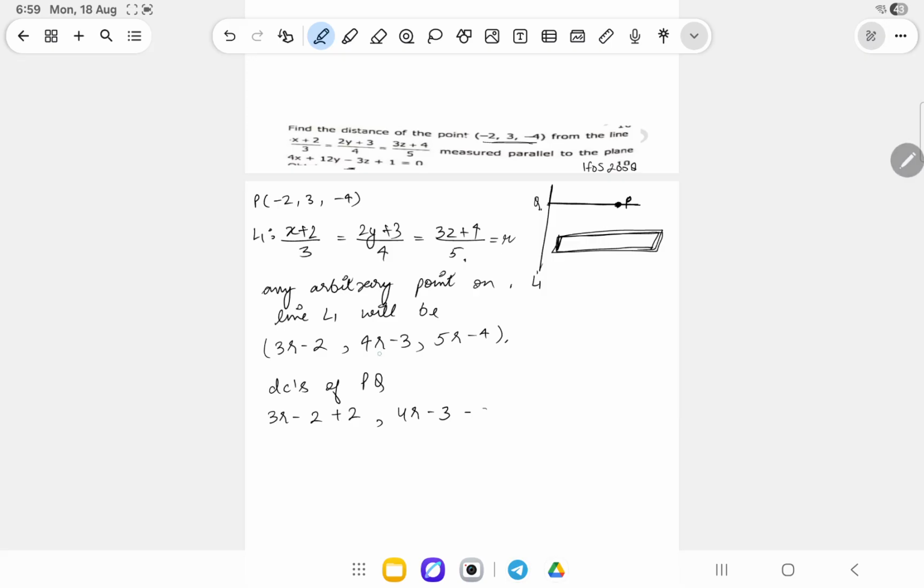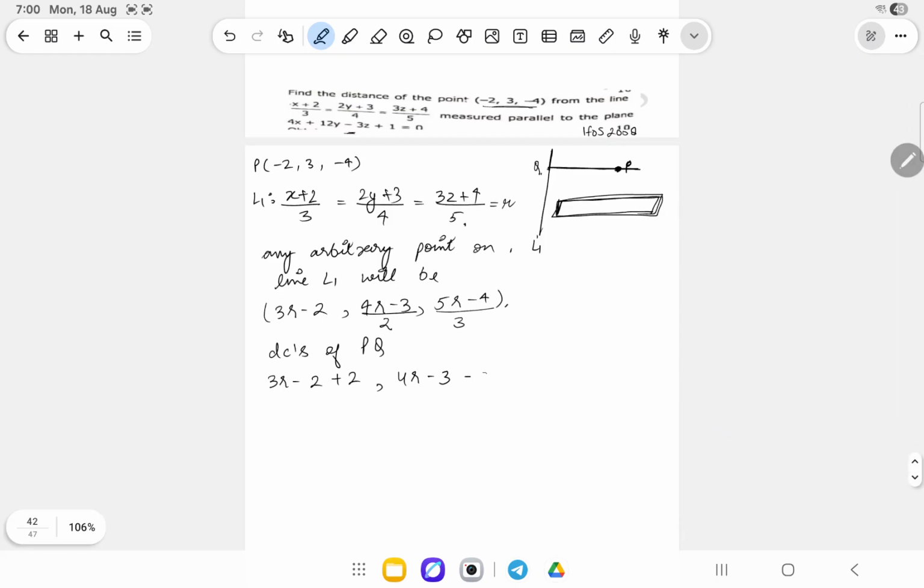Any arbitrary point on line L1 will be of the form 3r minus 2, (4r minus 3) divided by 2 and (5r minus 4) divided by 3. So this will be any arbitrary point on the given line L1.